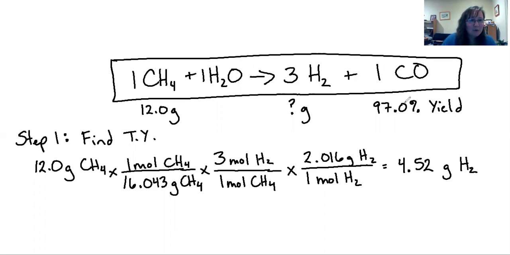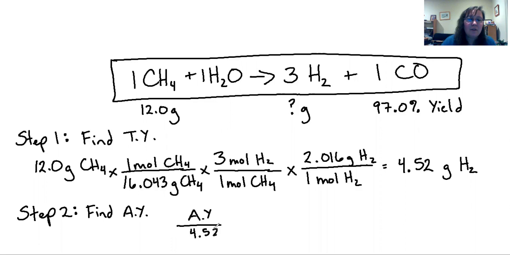I have 97% yield. So step 2 in this case is to find my actual yield, and I'm going to do that using the equation: actual yield over 4.52, that theoretical yield, times 100 is equal to 97.0% yield.